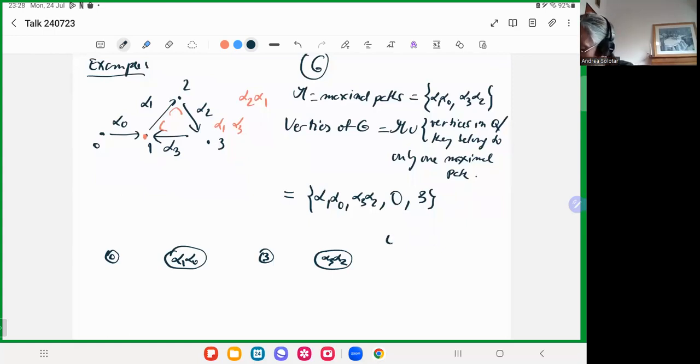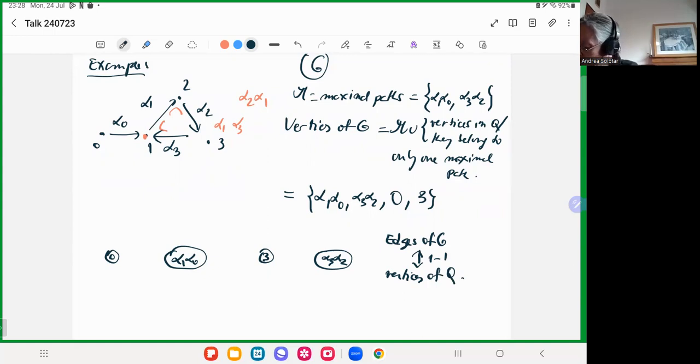So the edges of Xi are in one-to-one correspondence with the vertices of Q, of the quiver Q. Okay? But where do I put them?